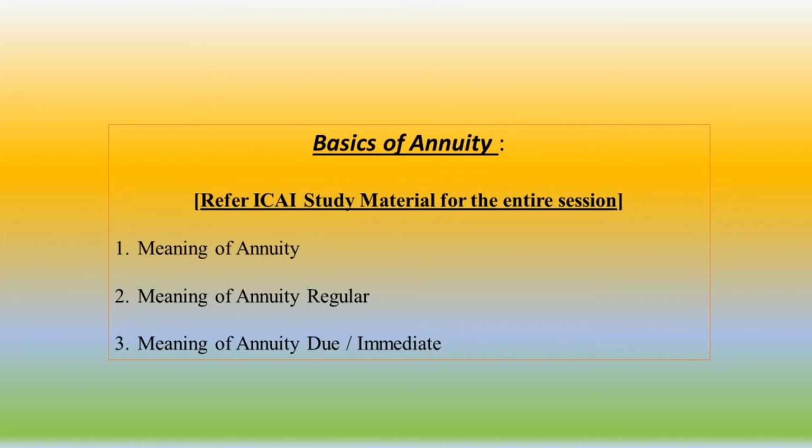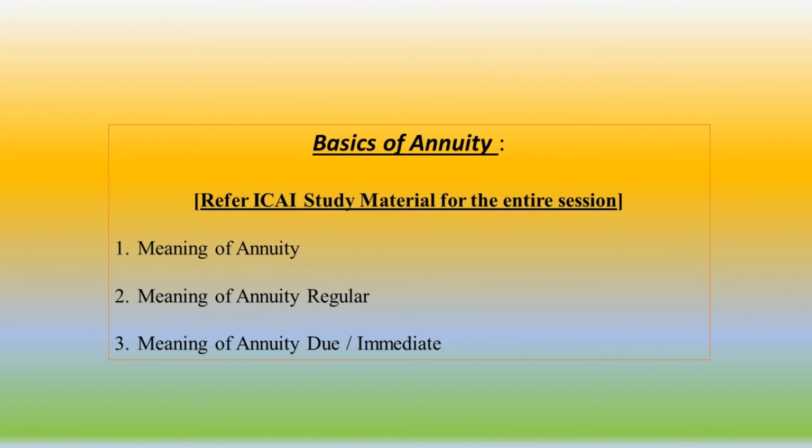To summarize, in the case of annuity due or immediate, the payment is received at the start of the period, whereas in the case of an annuity regular, the payment is received at the end of each payment period. So as an example, in annuity immediate, the first installment will be paid today.